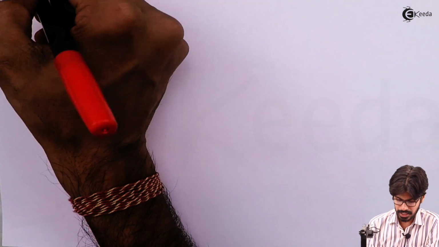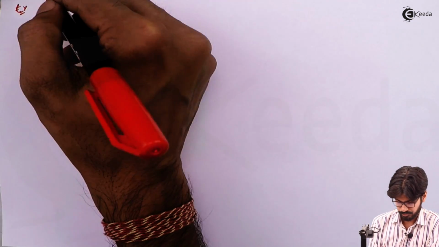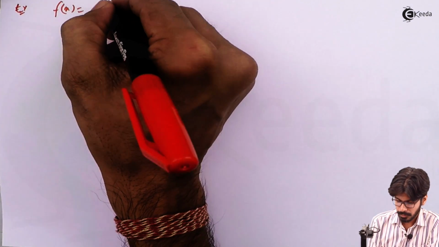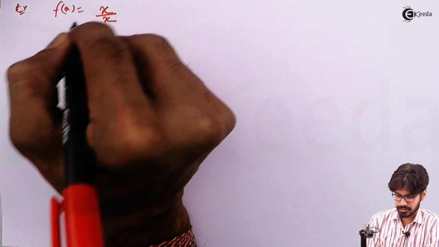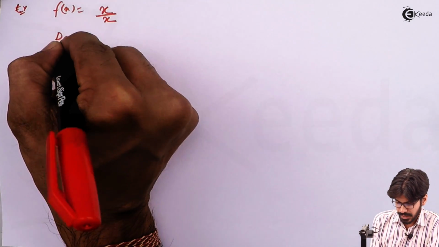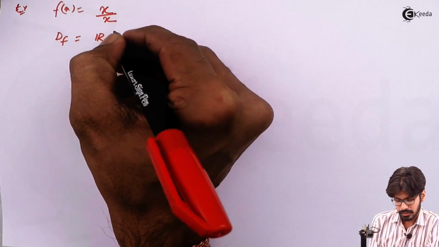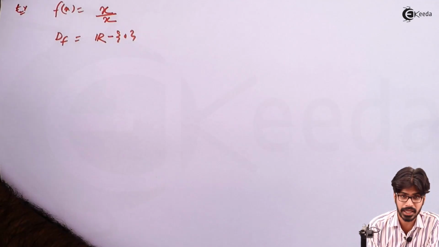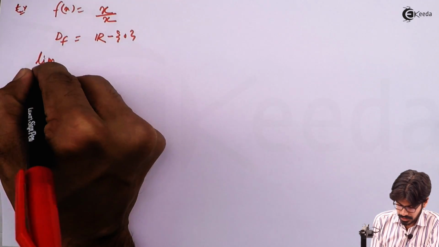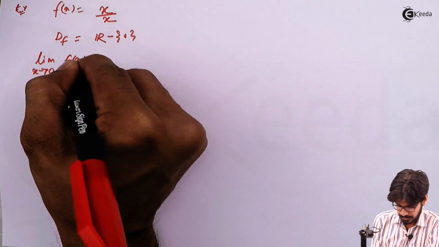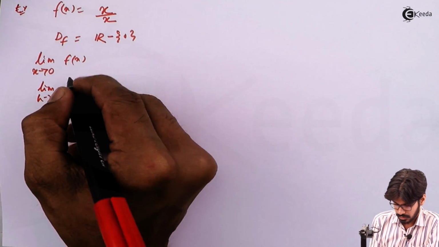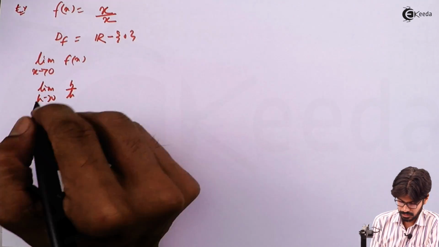Let us consider another example. f of x equal to x by x. So here the domain of f is R minus 0, so we cannot take 0 in its domain, but limit x tends to 0 of f of x is equal to limit h tends to 0 of h upon h.